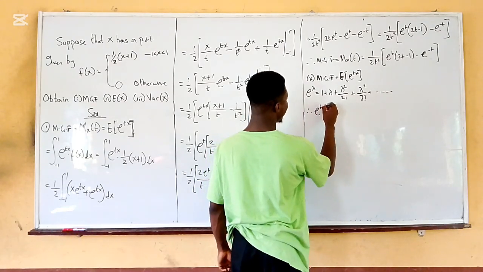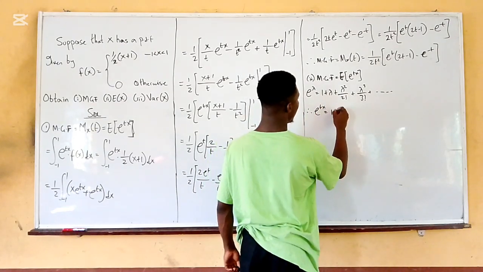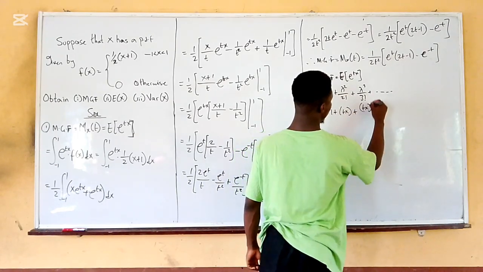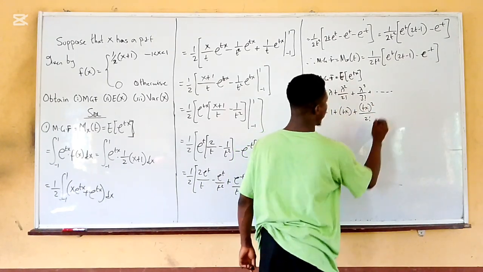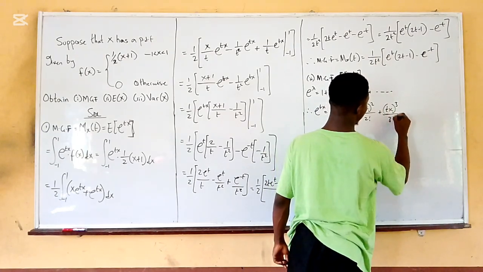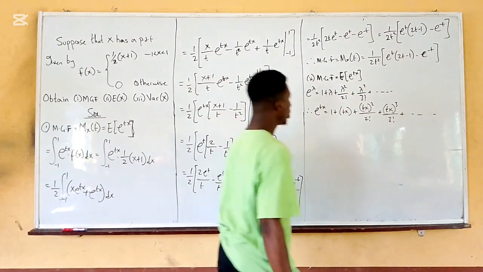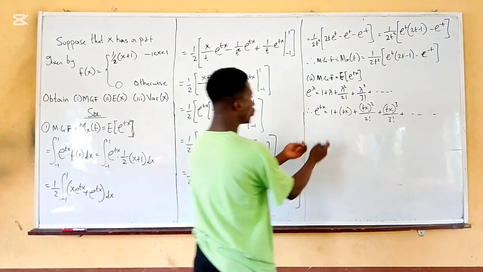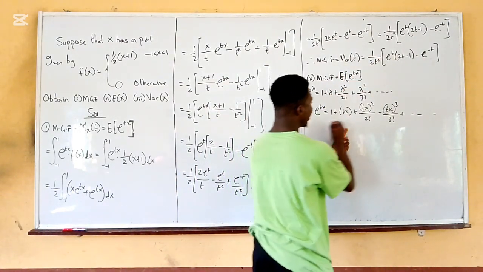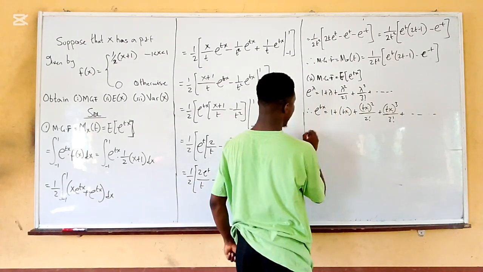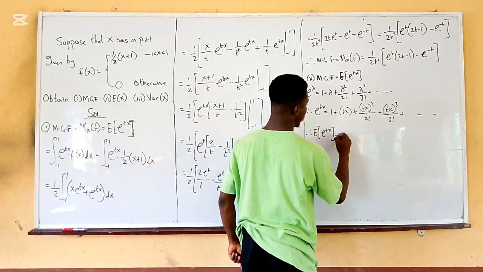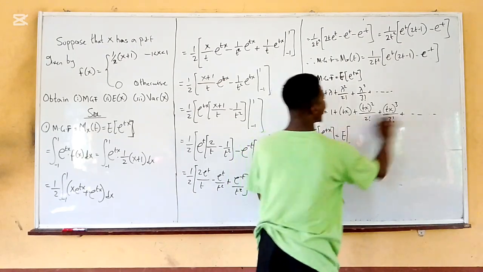Therefore, exponential Tx will be 1 plus Tx plus (Tx) squared over 2 factorial plus (Tx) raised to power 3 over 3 factorial plus dot dot dot. Therefore, the expectation of exponential Tx is equal to the expectation of everything here.